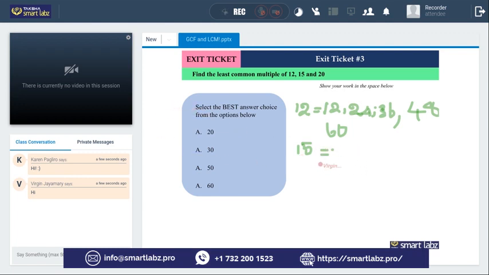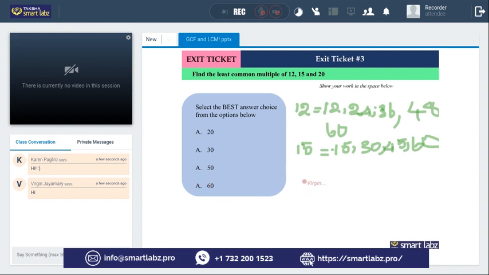Sorry. 60. Very good. Okay, so right here, stop and look at the answers. 60 is the common number so far.